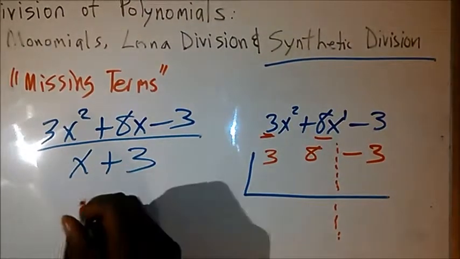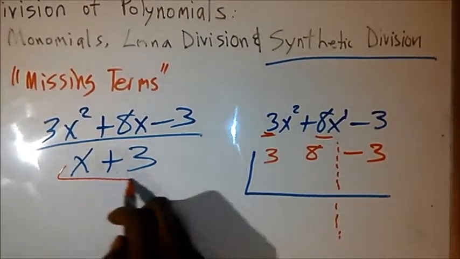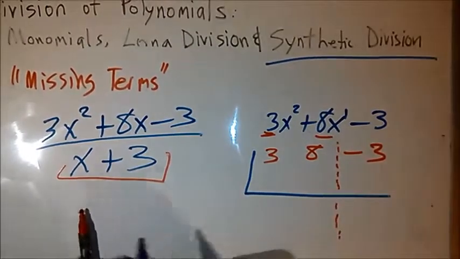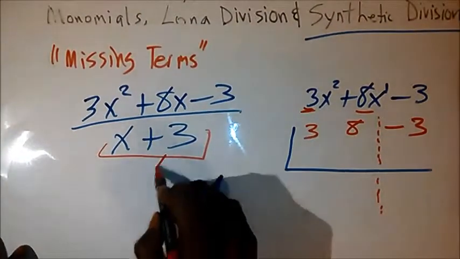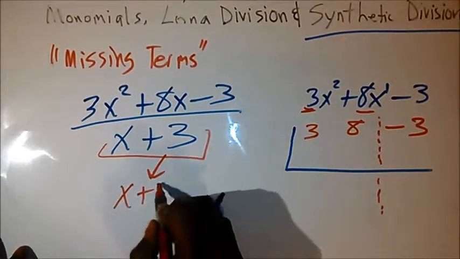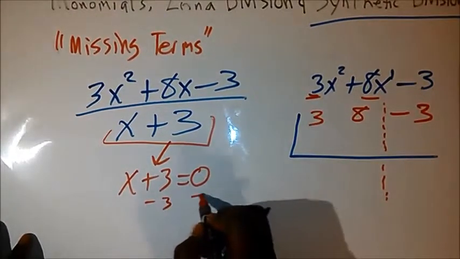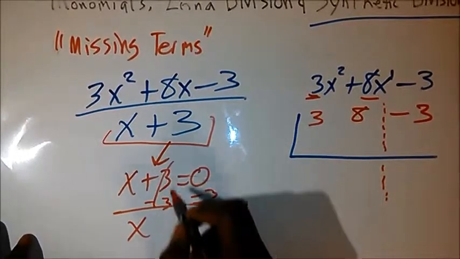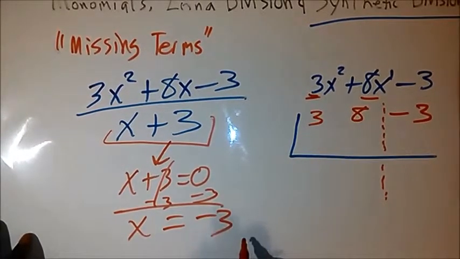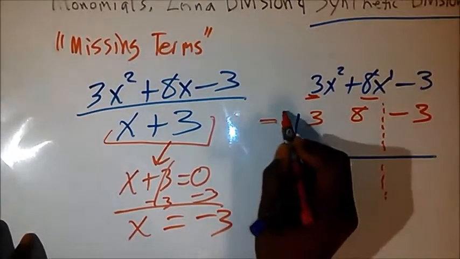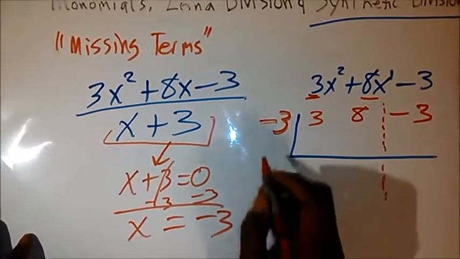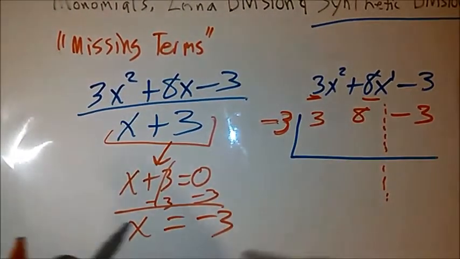Now, you're going to divide it from this factor here. In order to divide it, you take this out, set x plus 3 equal to 0, and solve for x, right? x will be equal to -3. So you put -3 here. That's going to be your divisor.